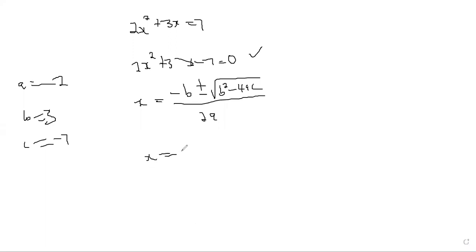X is equal to negative, the value of b is 3, right? So it's 3 in brackets plus minus 3 squared minus 4. The value of a is 2. The value of c is negative 7, right?